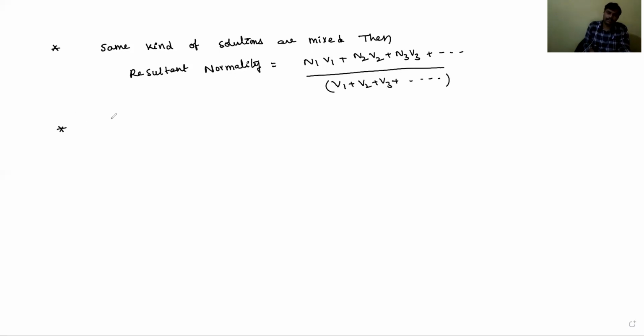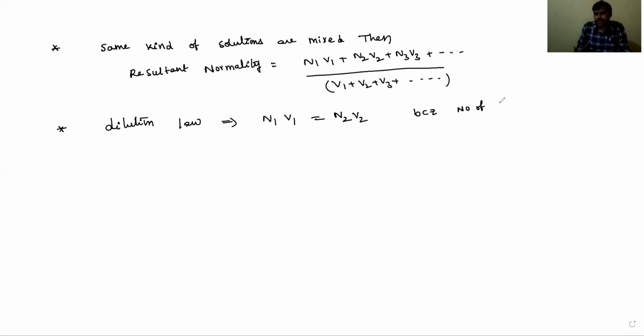Okay, and the dilution law in terms of normality is N1V1 equals N2V2. Why is N1V1 equal to N2V2, dear students? Because the number of equivalents is fixed, and it is equal to N into V, normality into volume in liters.